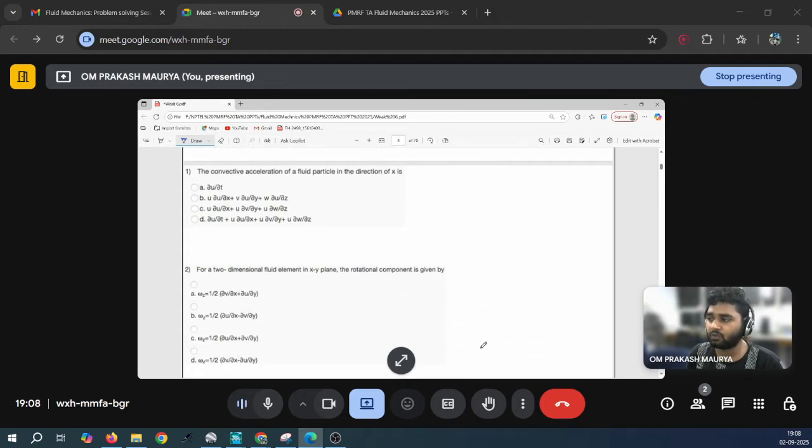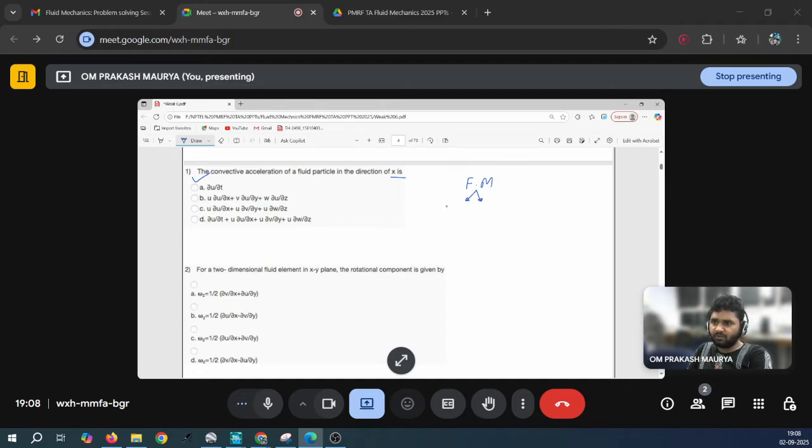On the next slide we have questions. All topics have been covered in the class, but let us discuss with the questions. The first question is about the convective acceleration of a fluid particle in the direction of x. In fluid mechanics you have two types of acceleration.